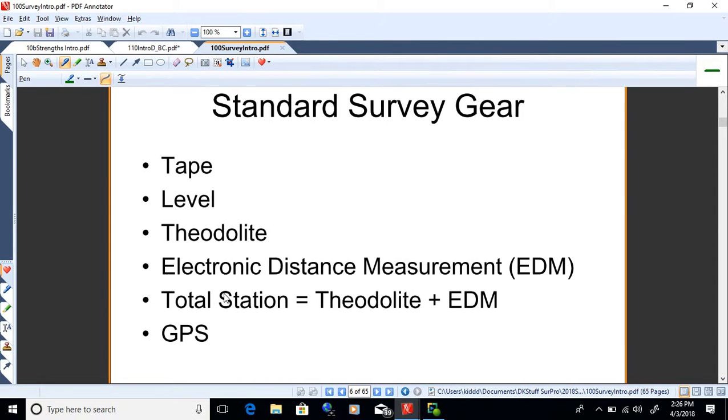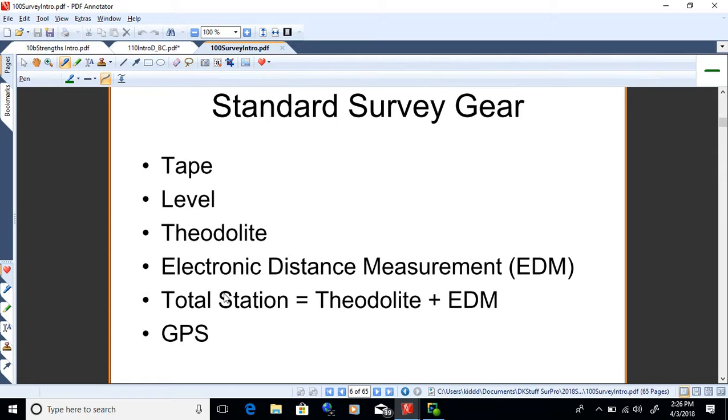If you go to a local surveyor here, and there's maybe 30 in Linn and Benton counties, small 5-10 person outfits, they're going to use tapes and levels, a theodolite to turn angles, an electronic distance measurement device which shoots a laser to get a distance, and they'll probably have some GPS gear.